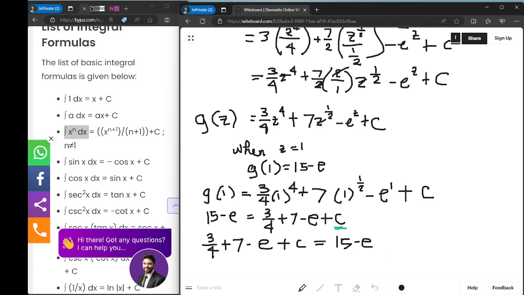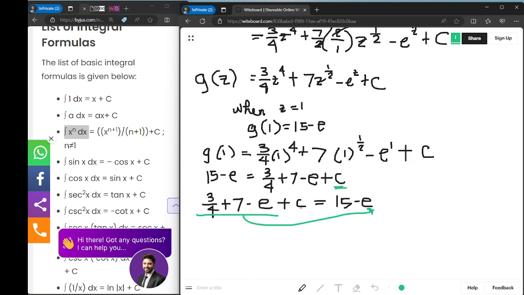minus e, so that I can transpose these three terms to the other side, and what would be left here is c.